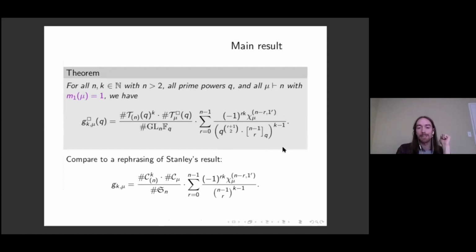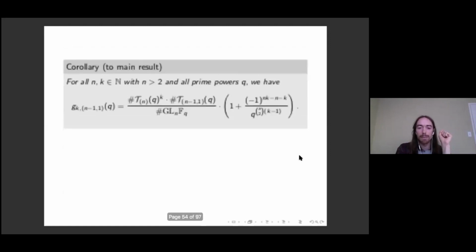But great question. You can evaluate it for all kinds of things, even for Q not a prime power, because these coefficients out front have explicit formulas. It's a weirdly easy thing to plug things into. But I will show you in a bit where this goes wrong.